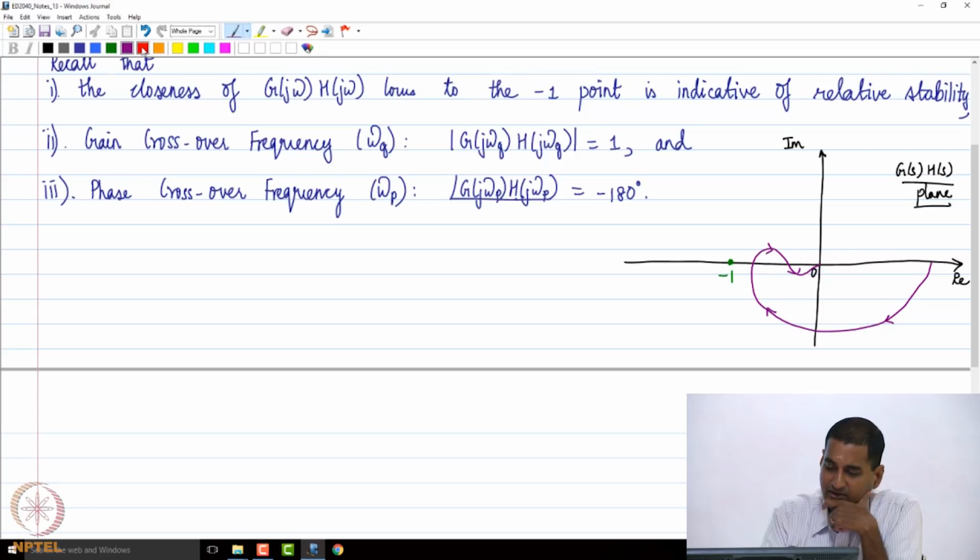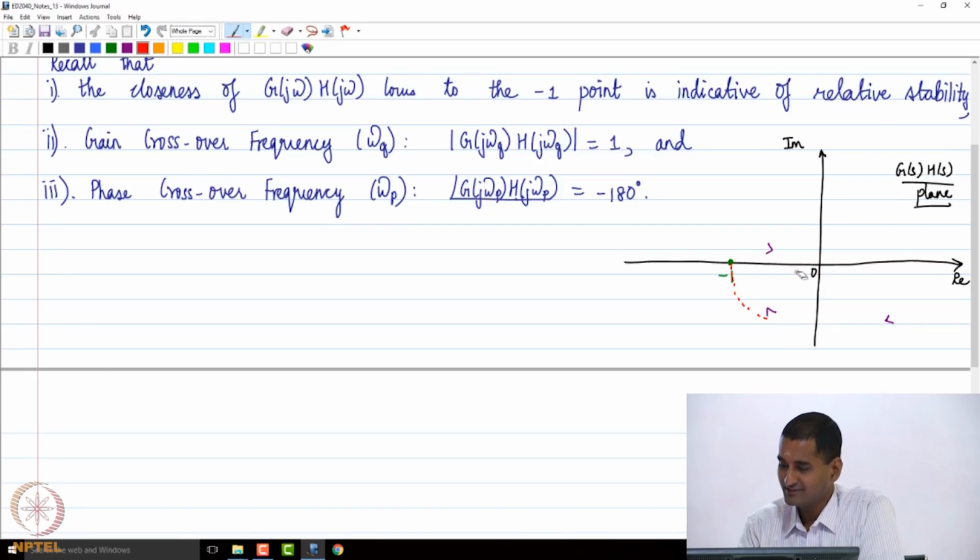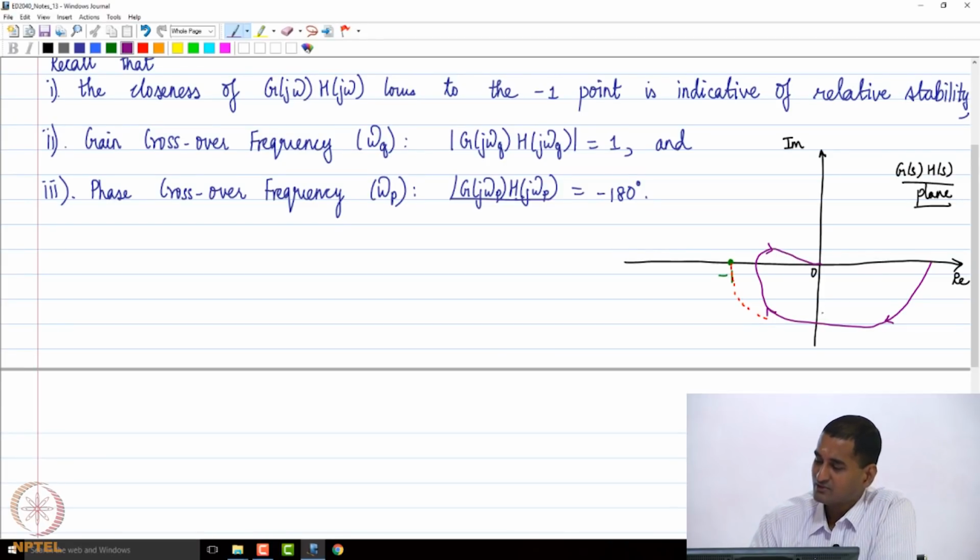So let us say I have some transfer function, which essentially goes like this. I am just drawing some arbitrary shape. Let us say I draw a circle of unit radius, and then figure out where this circle cuts the Nyquist plot.